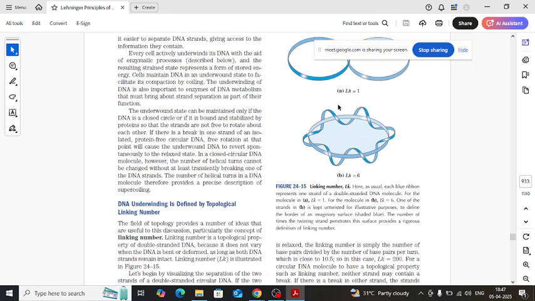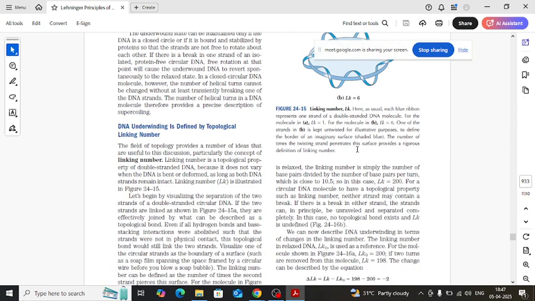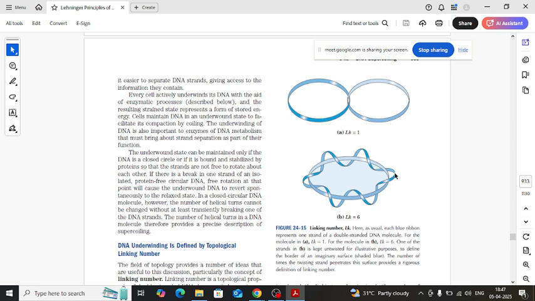If it does that 6 times, then the linking number is 6. So the definition is the number of times the first strand passes over the second strand, which is 1 here and 6 here.